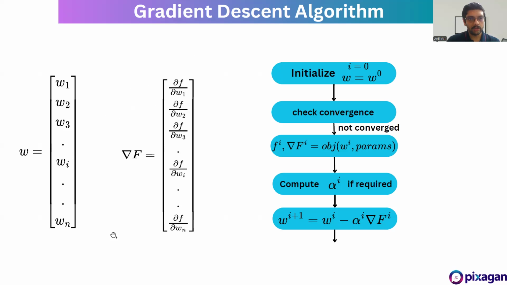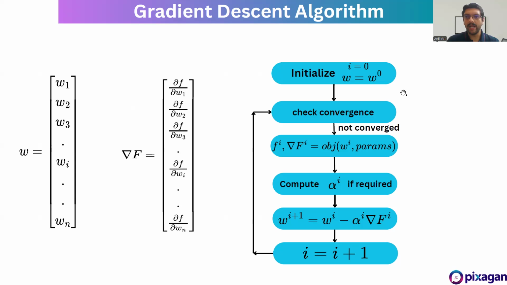And you'd get another W, which is the value for the next iteration, the next step. What would you do? Well, you'll say, okay, I'm going to update i. I've done the 0th iteration. Now i becomes 1. Go back. Are you converged? Probably not. So keep doing this till you're converged.